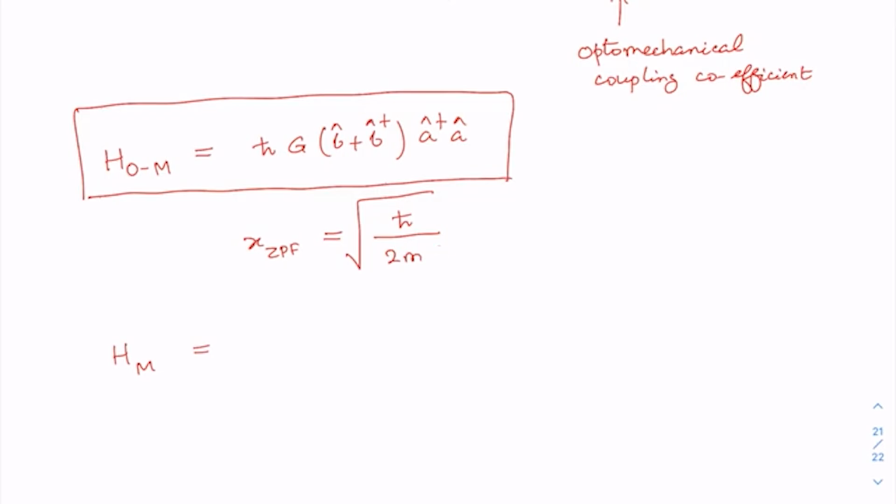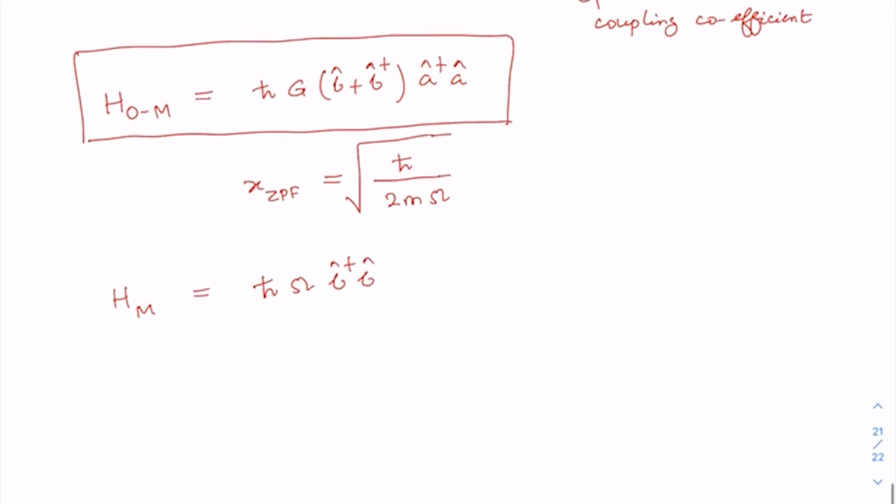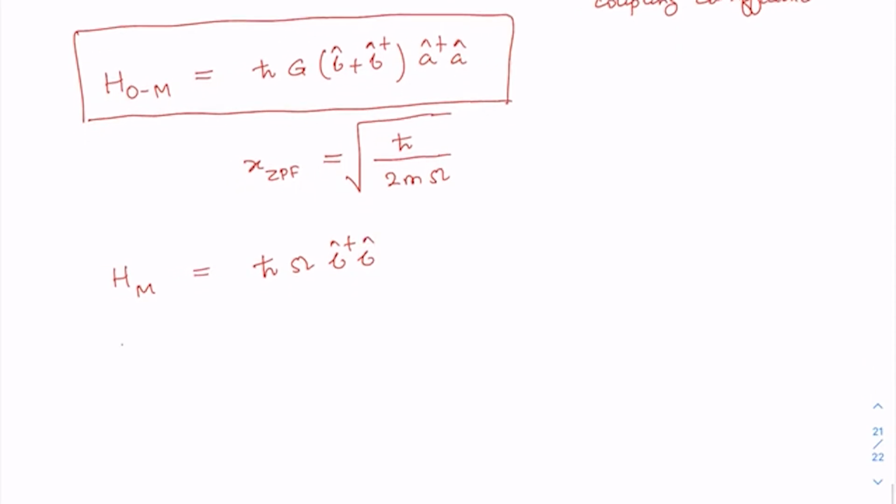So here this capital omega is the oscillation frequency of the mechanical oscillator. So here Hm would be, it's a harmonic oscillator, this would be h cross omega B dagger B. B dagger B is the number of phonons. Apart from that, we have this dissipation terms, and we'll talk about this later in the course in some more details.